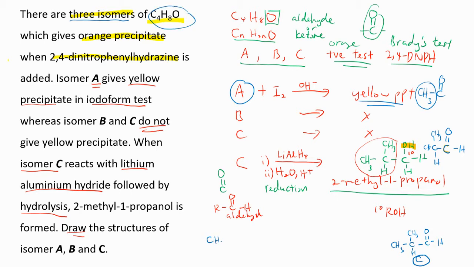So we can have CH3, CH2, CH2, CHO. Another one is C, C, C, C double bond O, CH3.